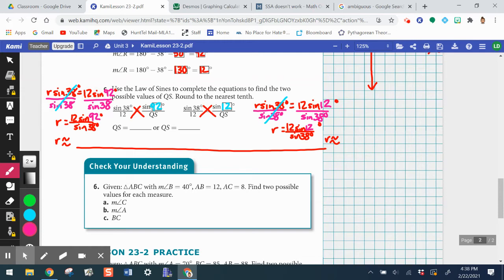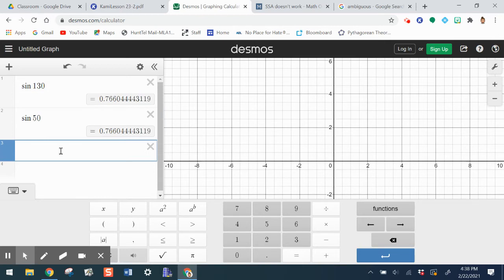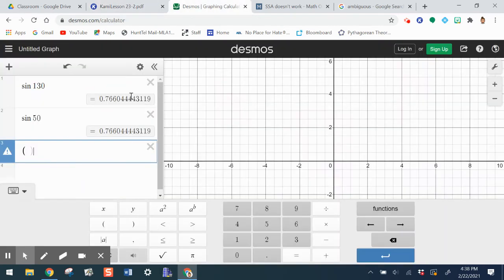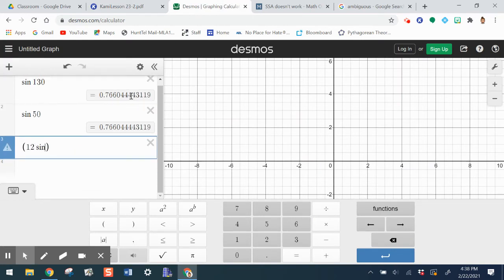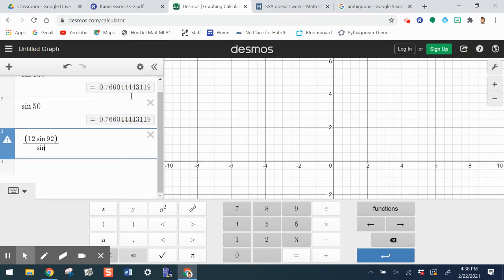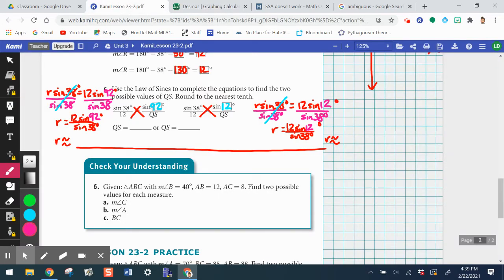And we'll put that in the calculator now. So r is equal to 12 times the sine of 92 divided by the sine of 38, which is 19.47, which I believe they told us to round to the nearest tenth.